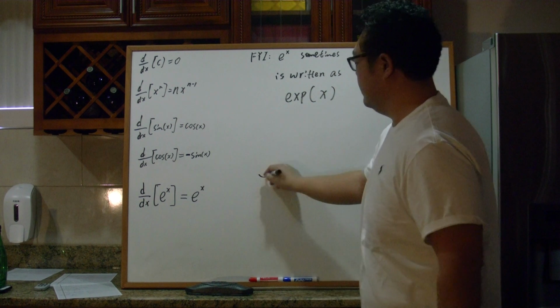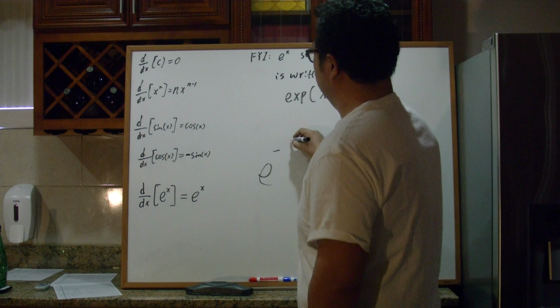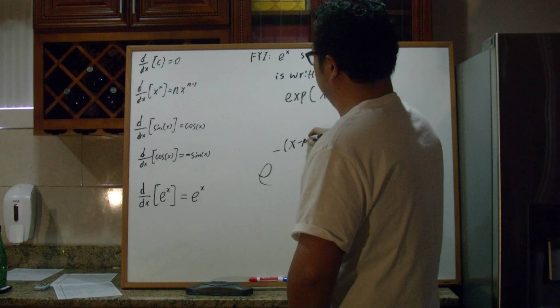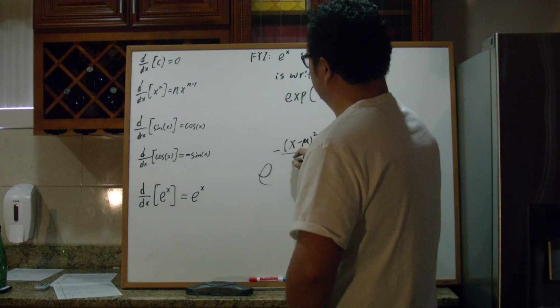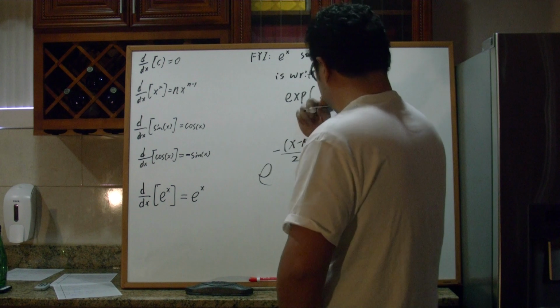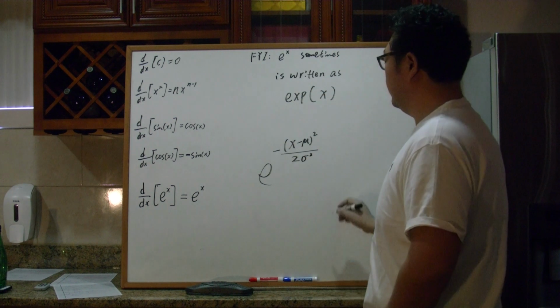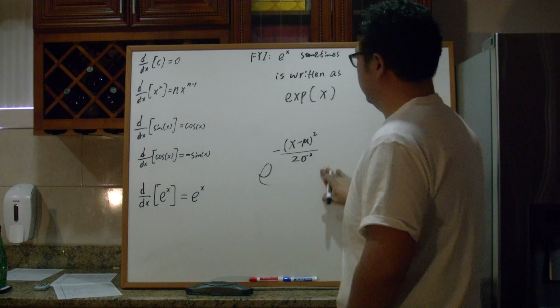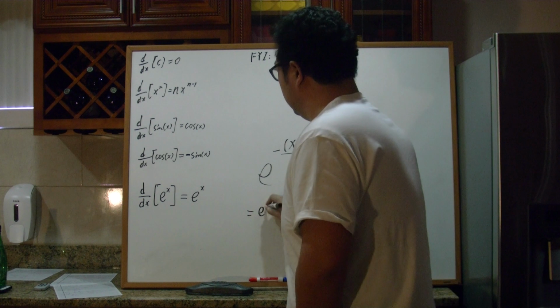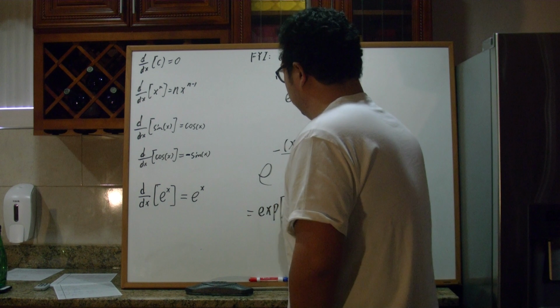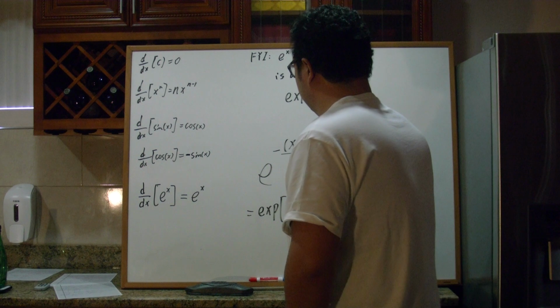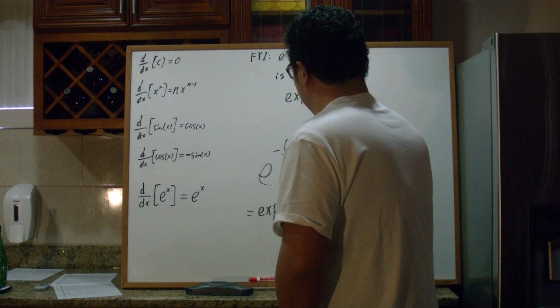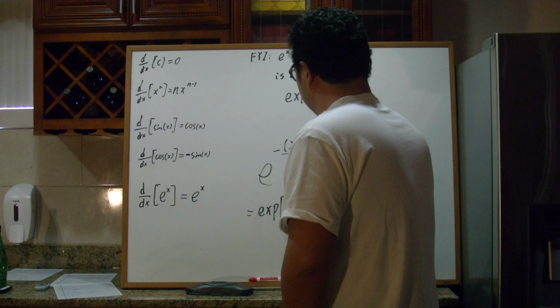For example, if the power is something very long, like negative x minus the mean squared over 2 sigma squared, it could be written as exp of negative x minus mu squared over 2 sigma squared.